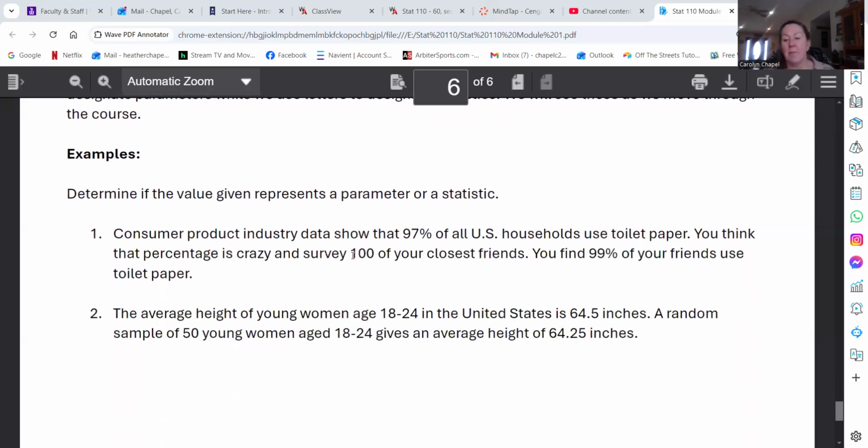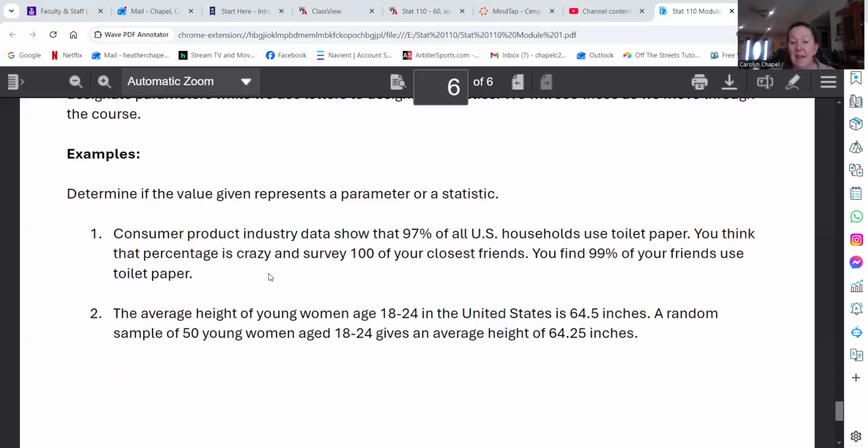So let's do a couple of examples here. A consumer product industry shows that 97% of all US households use toilet paper. You think the percentage is crazy and survey 100 of your closest friends. You find 99% of your friends use toilet paper.